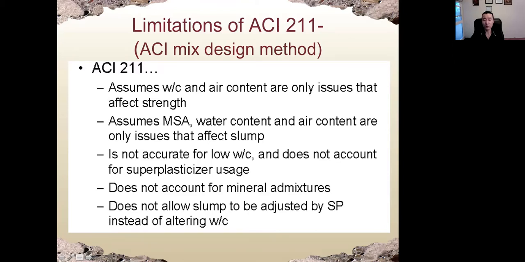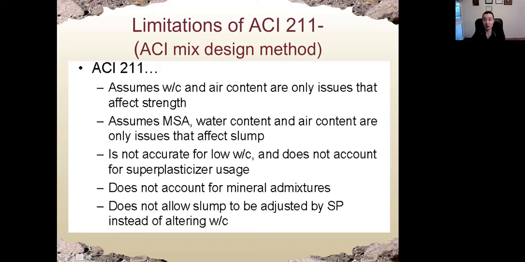Actually, mineral admixtures, even chemical admixtures will also affect the strength together with water cement ratio and air content. It also assumes MSA, which is the maximum size of aggregate, and water content as well as air content are the only issues that affect slump.